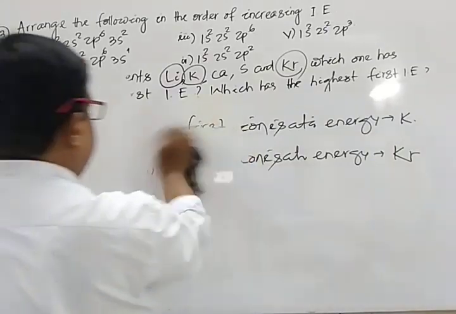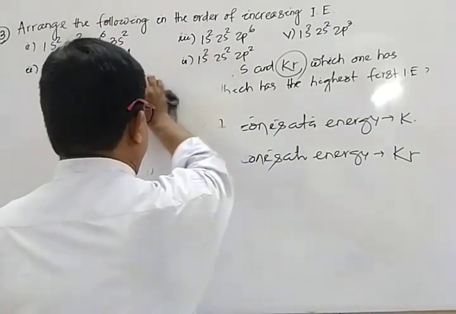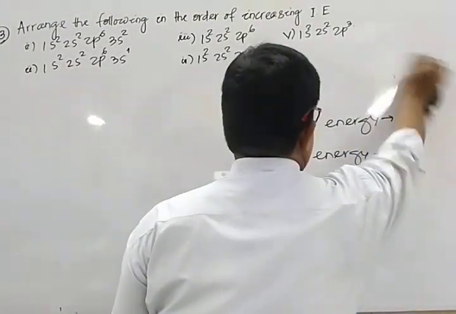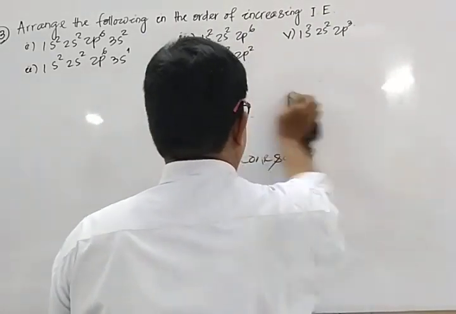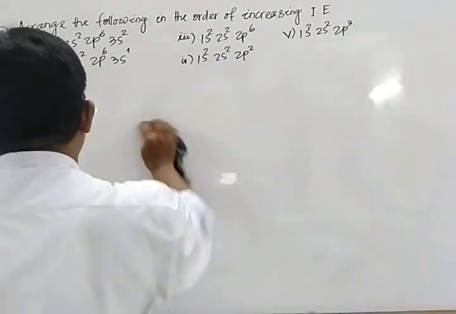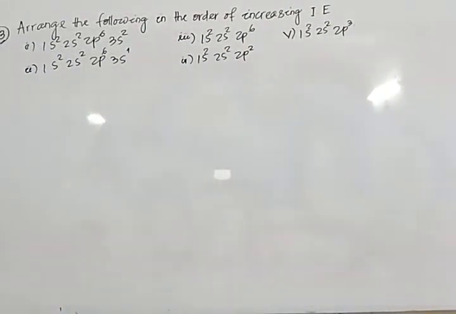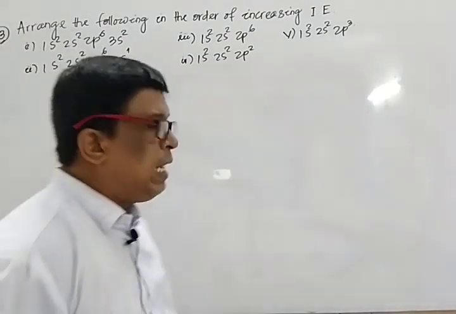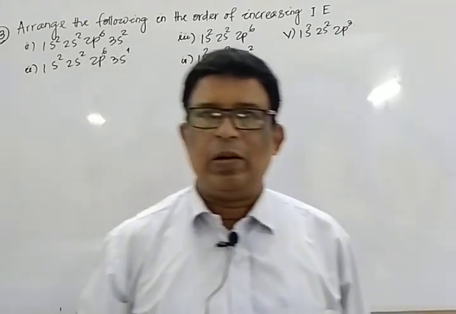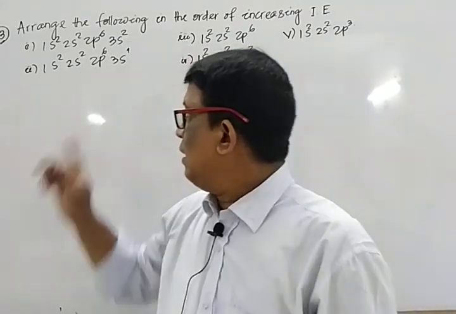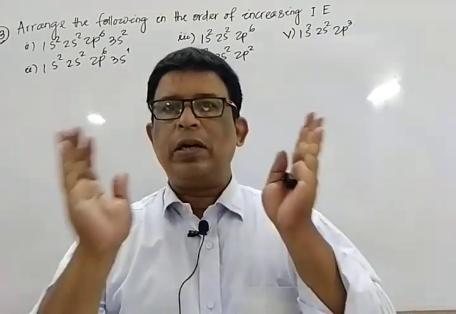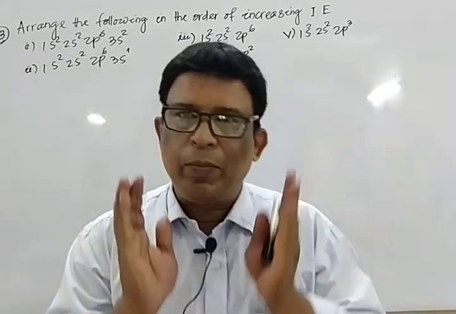What is the next question? Arrange the following in increasing order of ionization energy. First we write their electronic configuration, identify their names and positions.